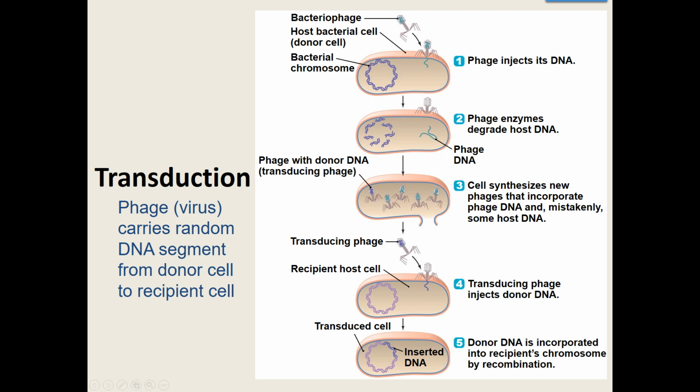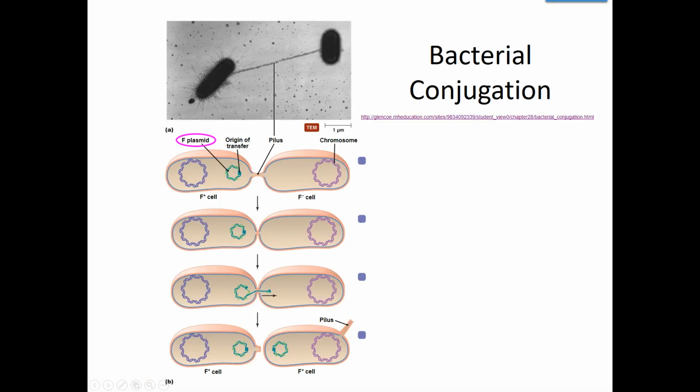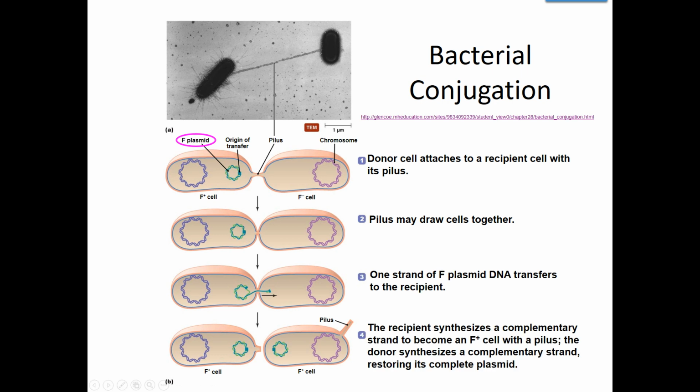A third way we can get DNA from one cell to another, and we've talked about it before, is bacterial conjugation, because this is the most common way that bacteria send information from one cell to another. So this particular bacteria has the genetics, it can make a pilus, or pili, different books, different pronunciations, and connect to another one. They don't even have to be the same bacterial species. These aren't.